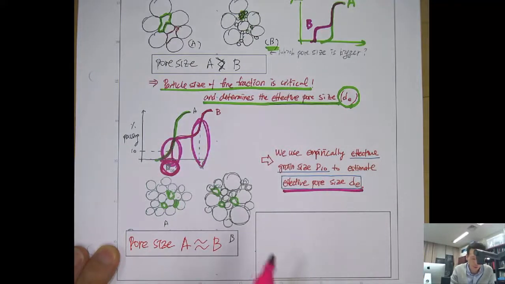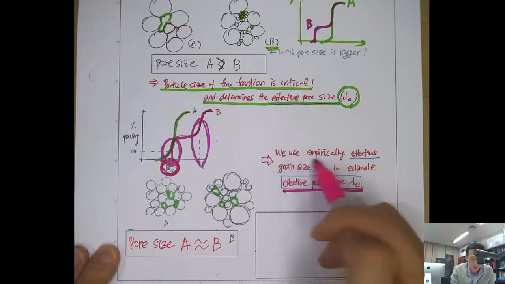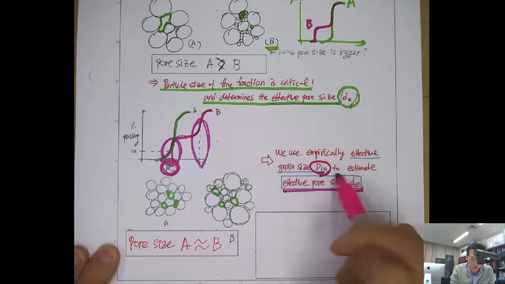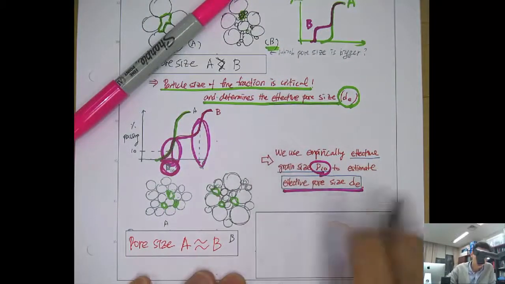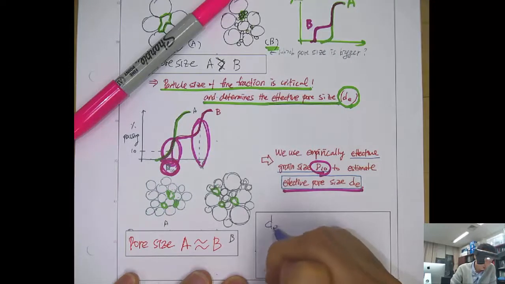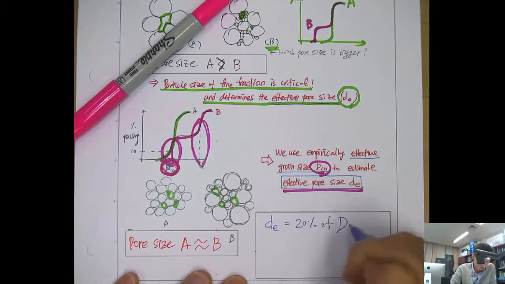That's why we use the small particle size to estimate the effective pore size. Especially, we use D10. We usually use the empirical effective grain size D10 to determine the effective pore size dE, and you can use this equation: dE, the effective pore size, is 20% of D10, so 0.2 times D10.